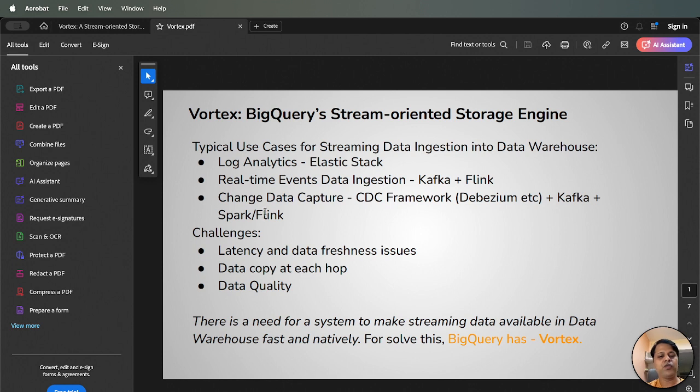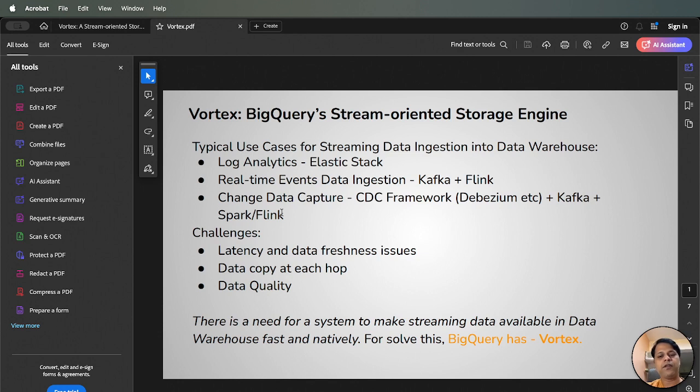So the challenges mostly are latency and data freshness. If it is Elastic, the data may take effect very fast, but in the case of the other two, if the data needs to be available in the data warehouse to perform analytics, and then that data after processing needs to be used further downstream, then there is a lot of latency added during each of the hops.